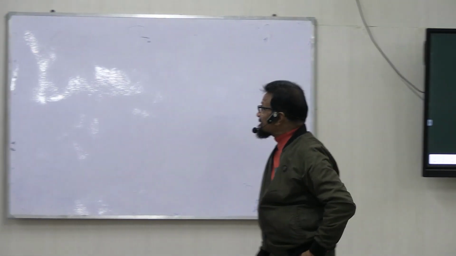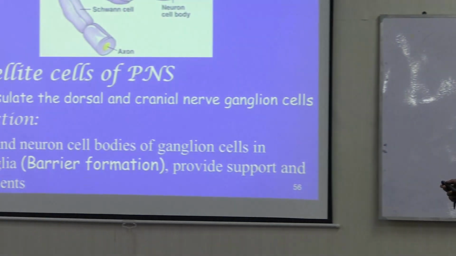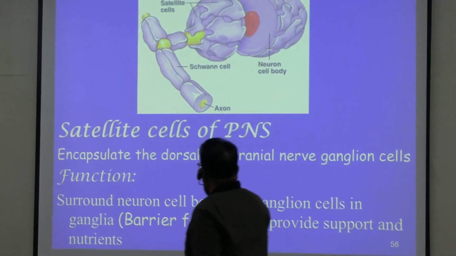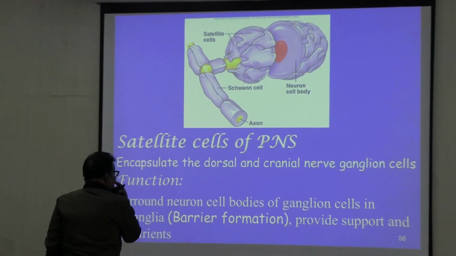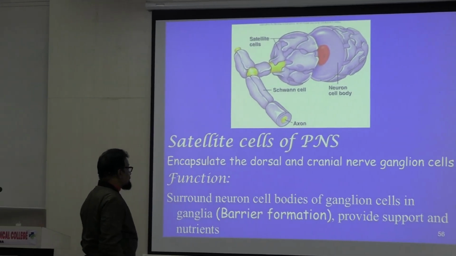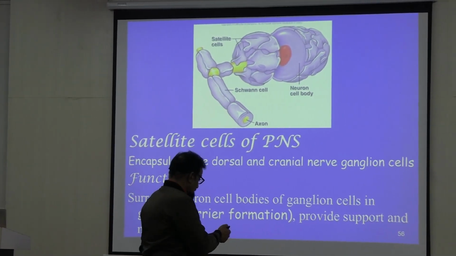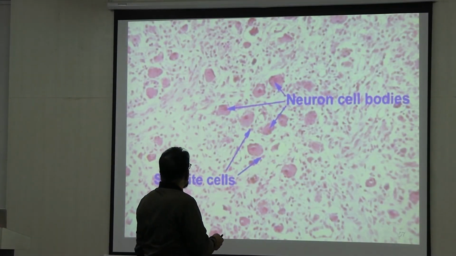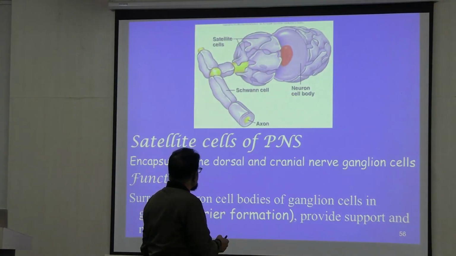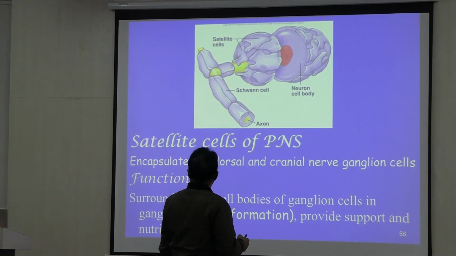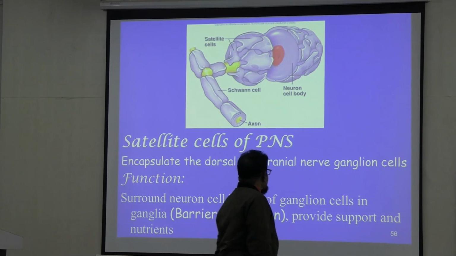And the satellite cells encapsulate the dorsal and cranial nerve ganglion cells.